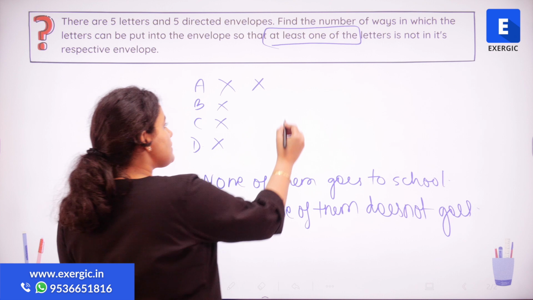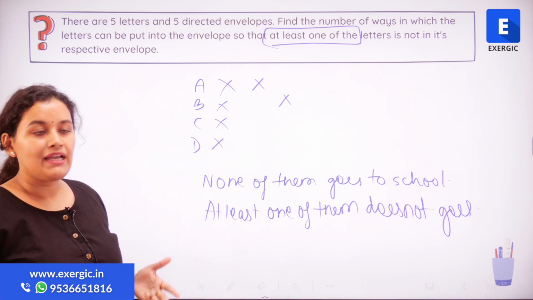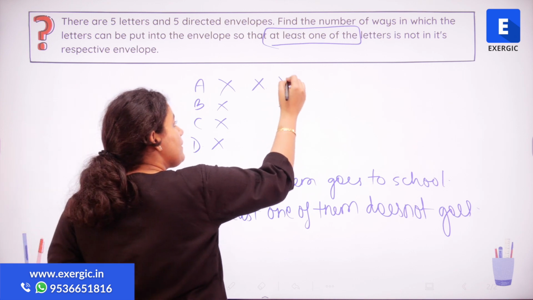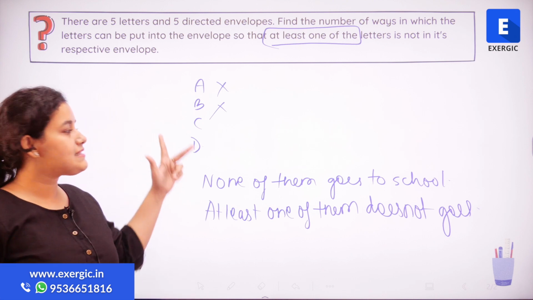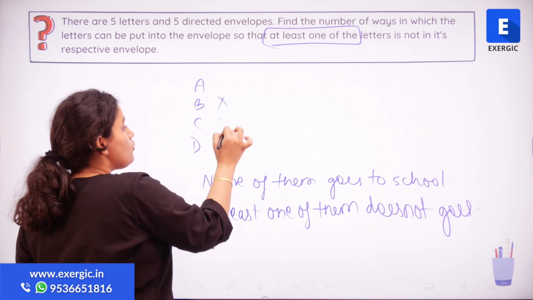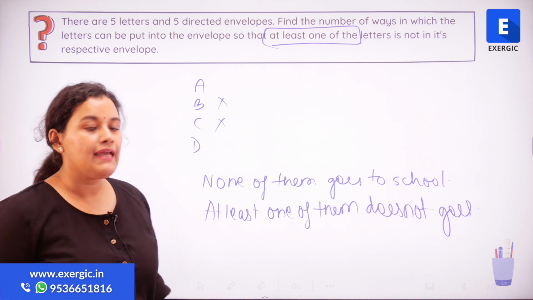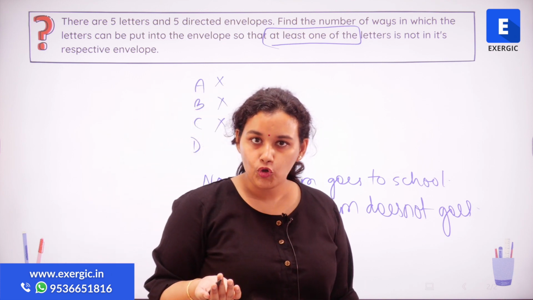It is also possible that B doesn't go, but A, C and D will go to school. It is possible that both A and B are not going, but C and D are going to school. It is also possible that B and C don't go, but A and D go. It is possible that A, B, C are not going, but D is going to school.